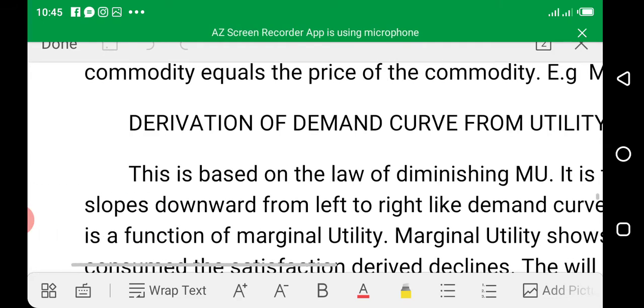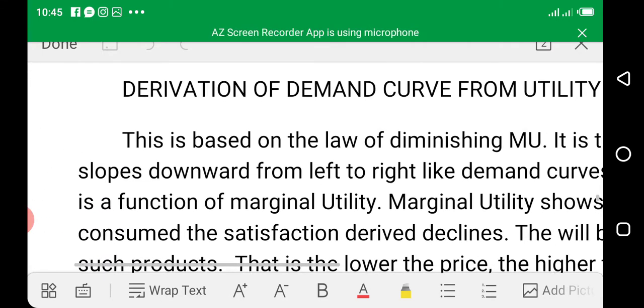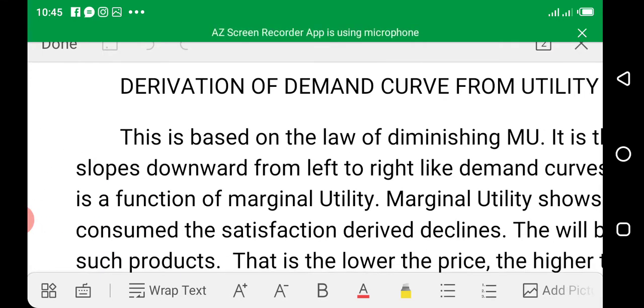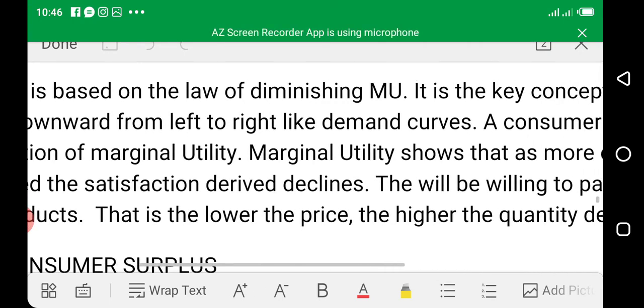Let's look at the derivation of the demand curve from utility theory. Don't forget that initially we said marginal utility is the basis of demand, and it shall be explained later as I've said. This is based on the law of diminishing marginal utility.